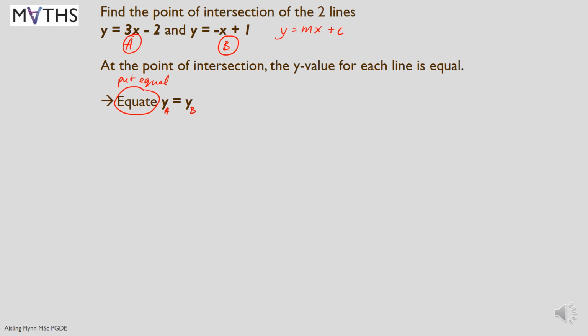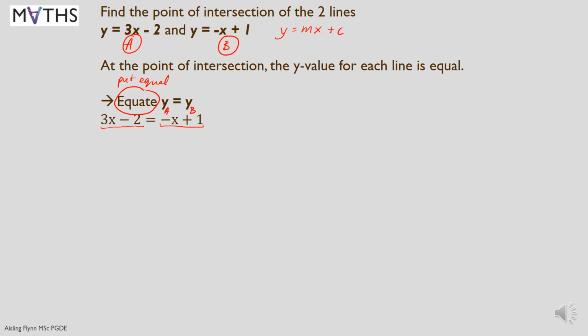So for line A, y is 3x minus 2, and for line B, y is minus x plus 1. So put them equal to each other. And what we get as a result of that is a very straightforward equation with only one variable, which is x, to solve for. So that's what we're going to do now.